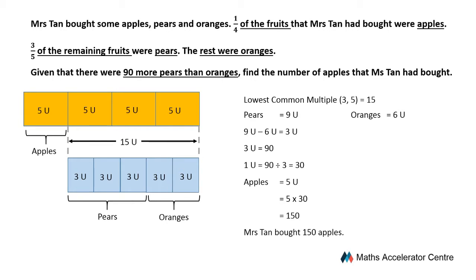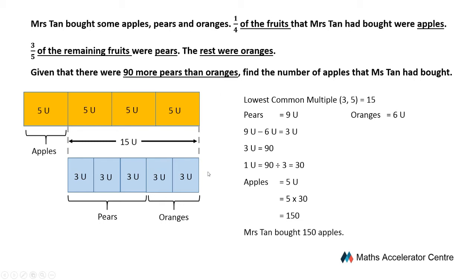So let's summarize what we have done. First, we highlighted the keywords over here, here, and here. Then, based on the first set of keywords, we know that the number of fruits can be divided by 4. Therefore, we draw 4 units over here. Then, based on this set of keywords, we know that the remaining fruits can be divided by 5. So we have 5 smaller units over here.